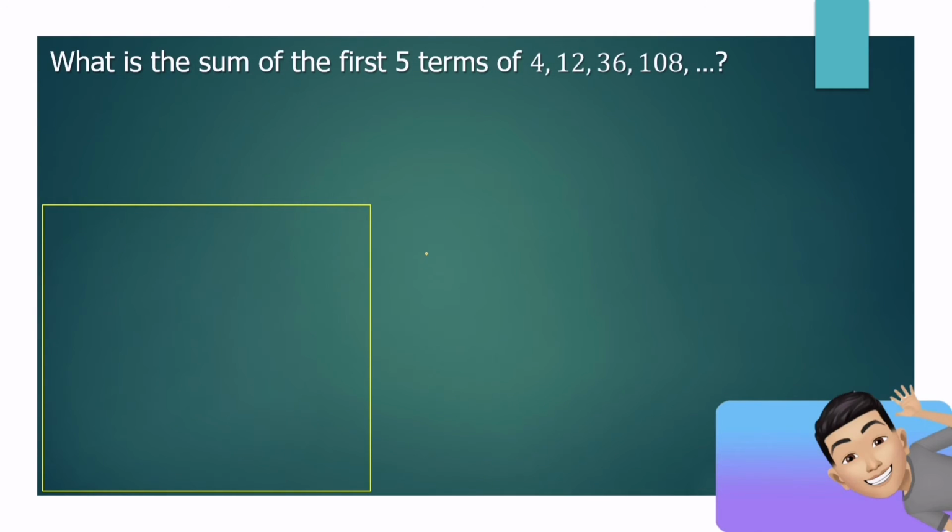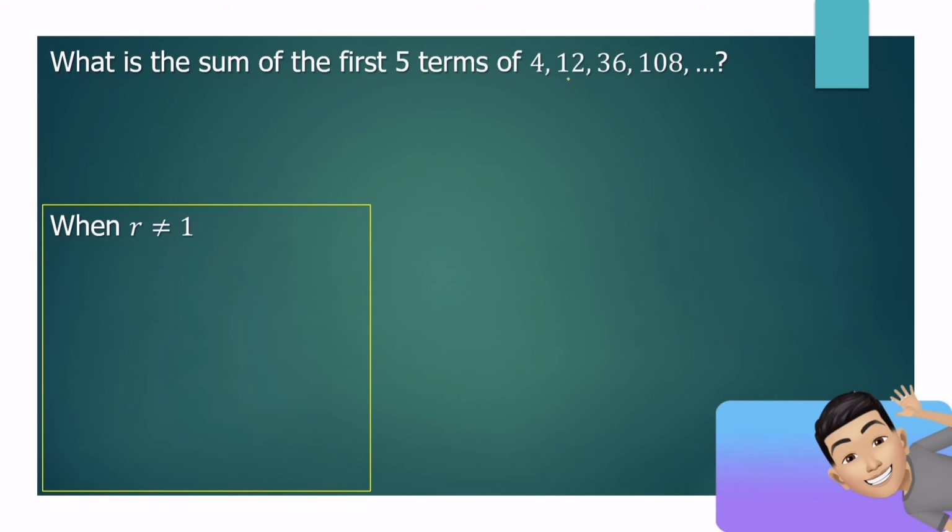So, what is the sum of the first 5 terms of 4, 12, 36, and 108, and so on and so forth? So, first 5 terms ang pinahahanap. Ibig sabihin, finite geometric sequence yun. And in this case, check nga natin kung yung r is not equal to 1.